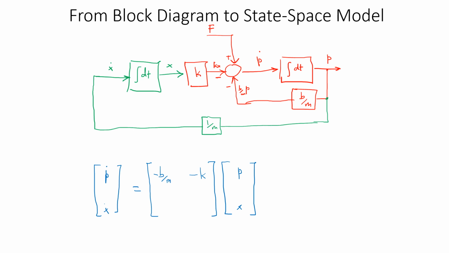So this would mean that p dot is equal to minus b over m times p minus k times x. And then obviously one thing that is still available in this summing junction is this input, like the force acting on the system, because this is the input, and you can see the structure of the state space, which says that x dot should be equal to A times x plus B times the input.